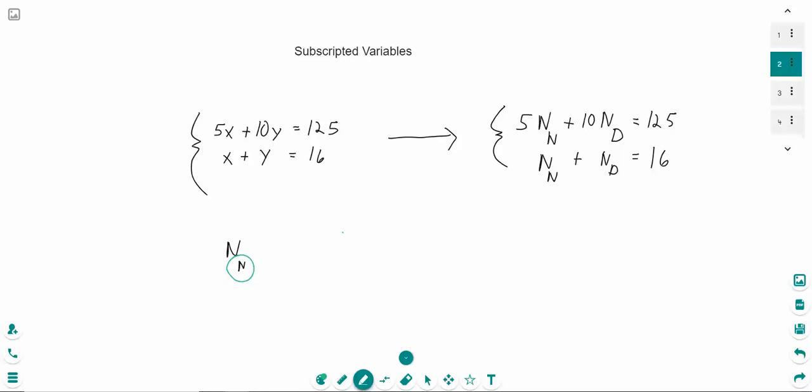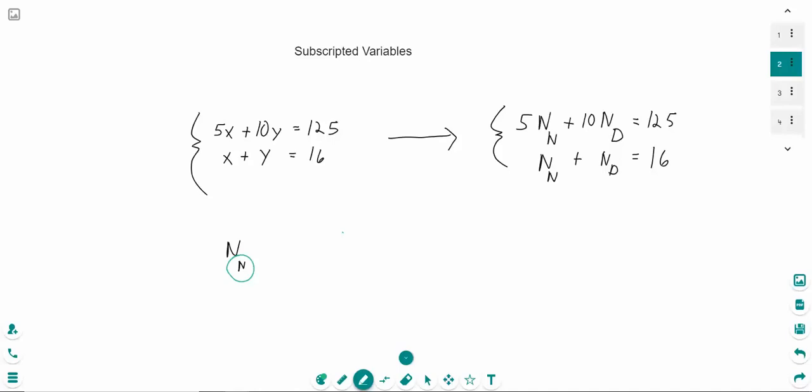It's just a way of distinguishing variables. It has no mathematical meaning right now. So n sub n does not somehow mean n raised to an n power or something like that. It has no meaning like that whatsoever. It's just a different way of writing a variable.